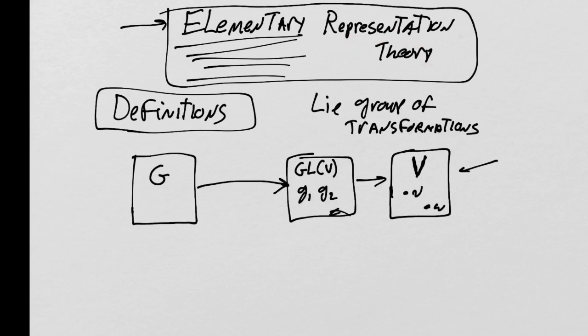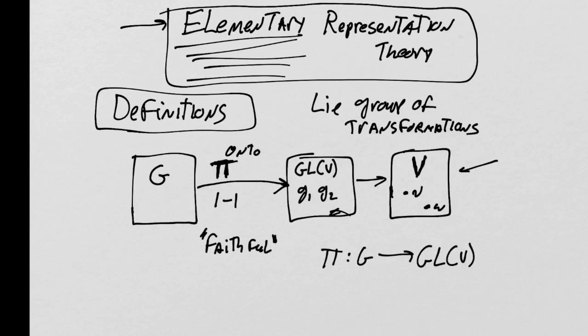Now, when this happens, this doesn't necessarily have to be onto, right? Usually, though, we like it to be one-to-one. And when it's one-to-one and it's a homomorphism, right, then we call it faithful. Meaning that this thing is a homomorphism, right?